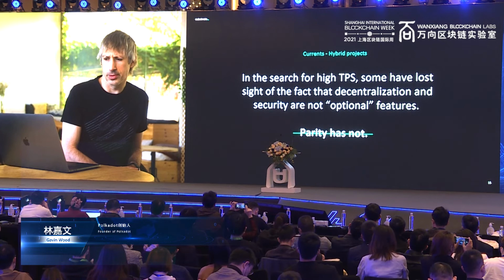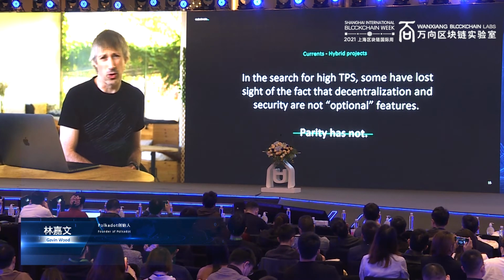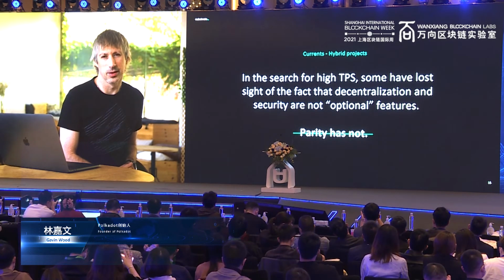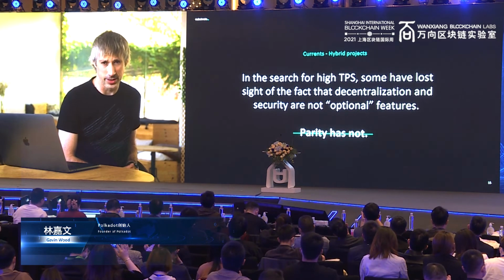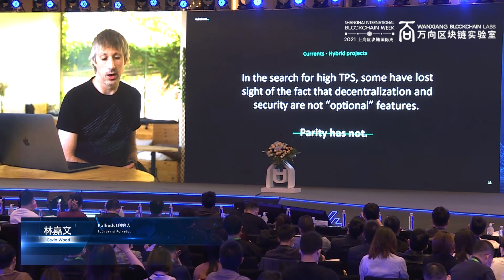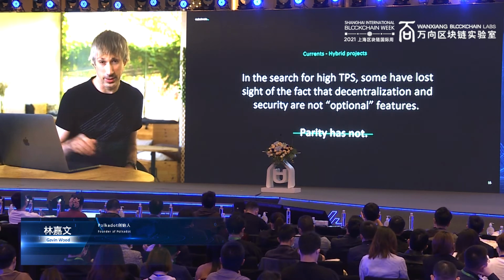And I think some teams have really lost sight of the fact that decentralization and security are not optional features here. This is not something that we can cut corners on. Parity has not lost sight of this, and we will be redoubling our efforts to ensure that our networks are decentralized and peer-to-peer to the maximum extent that is technologically possible.